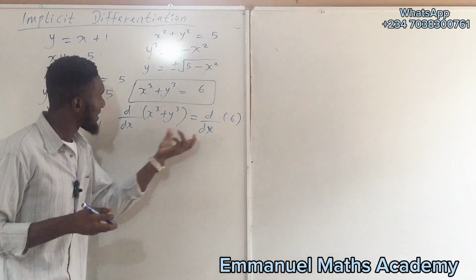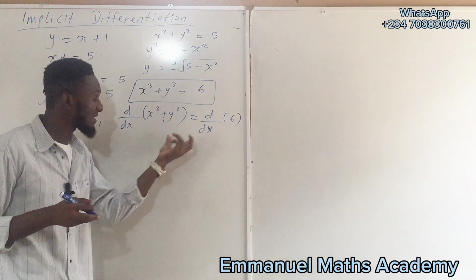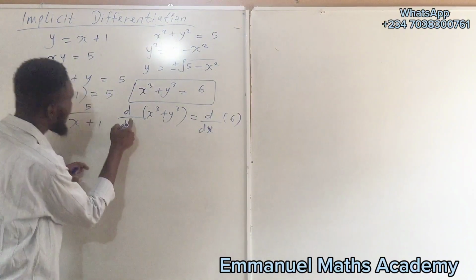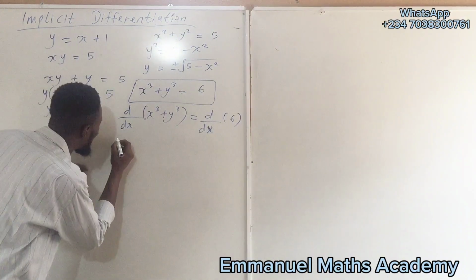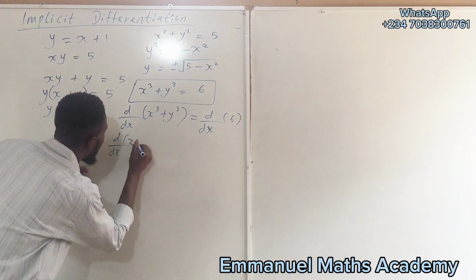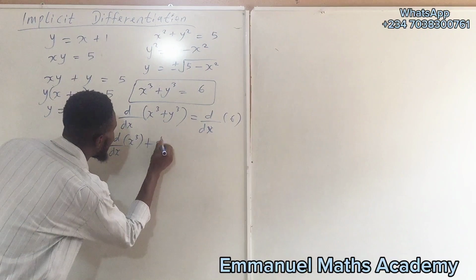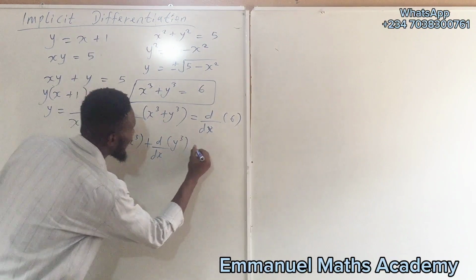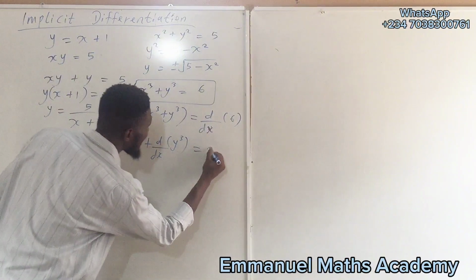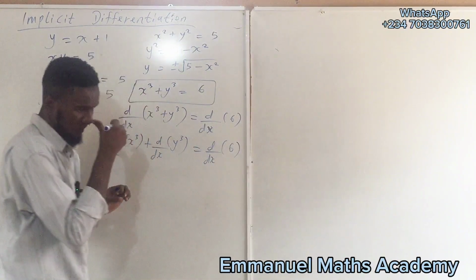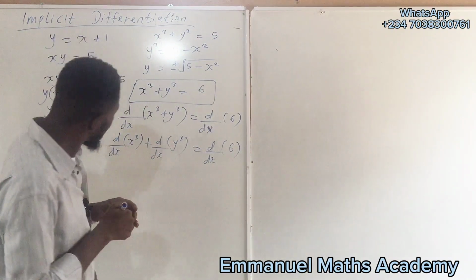You take the derivative of both sides, right? Now, breaking this further, open up this bracket. You now have d/dx of x power 3 plus d/dx of y power 3 equal to d/dx of 6.